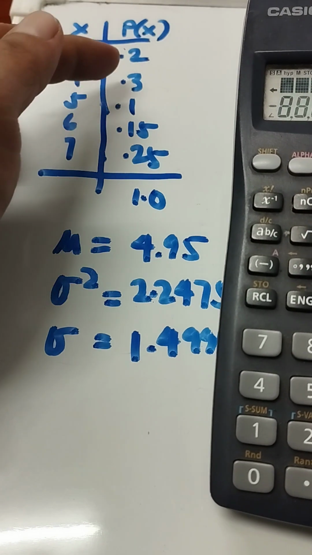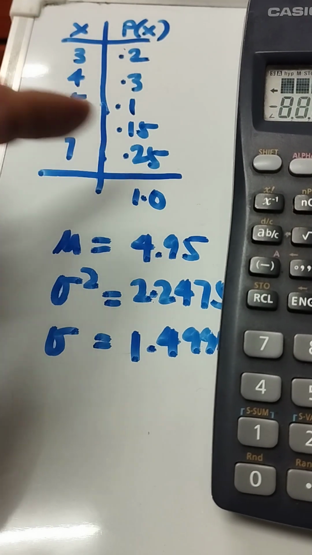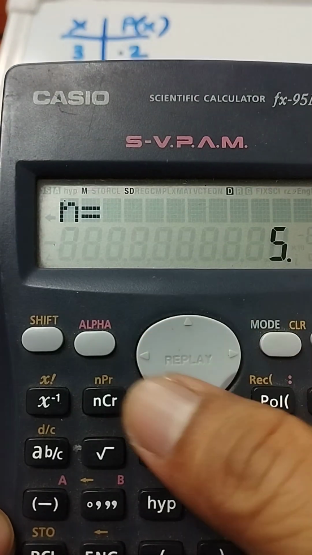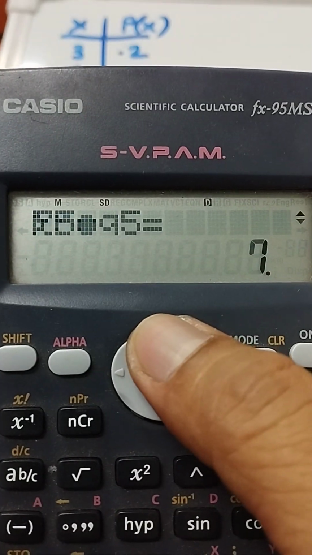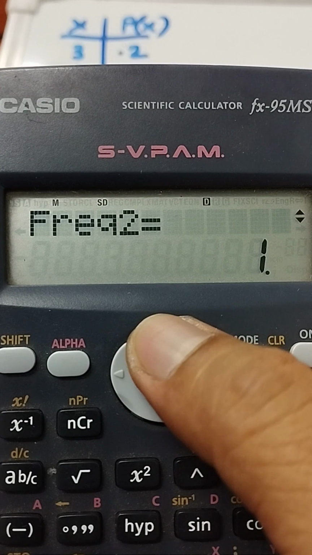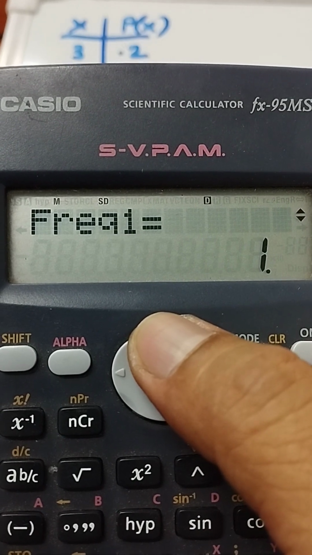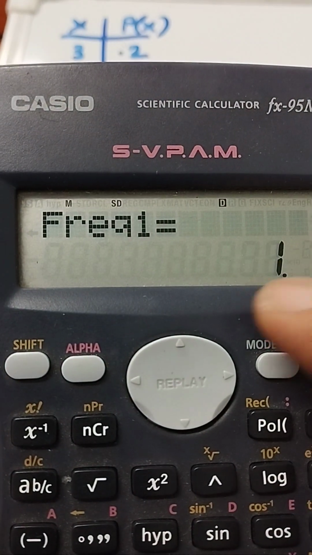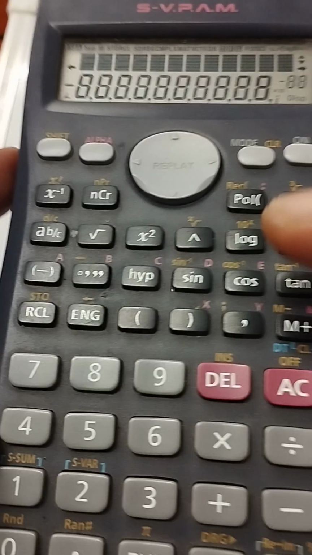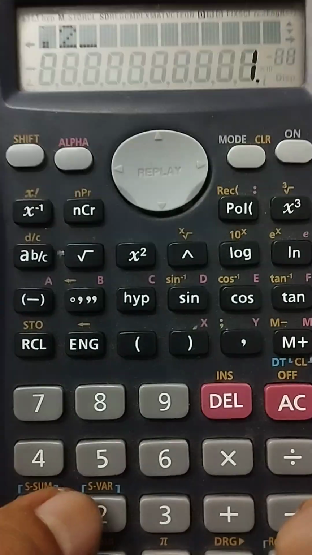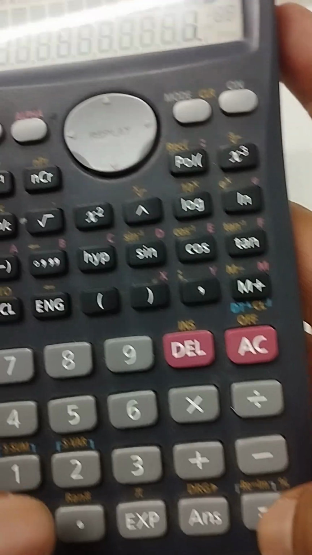Now to enter the probability values, you will need to play around with the navigation key. Press the navigation key up several times until you find yourself across frequency 1, which is 0.2. Replace that with 0.2, then press the equal sign.